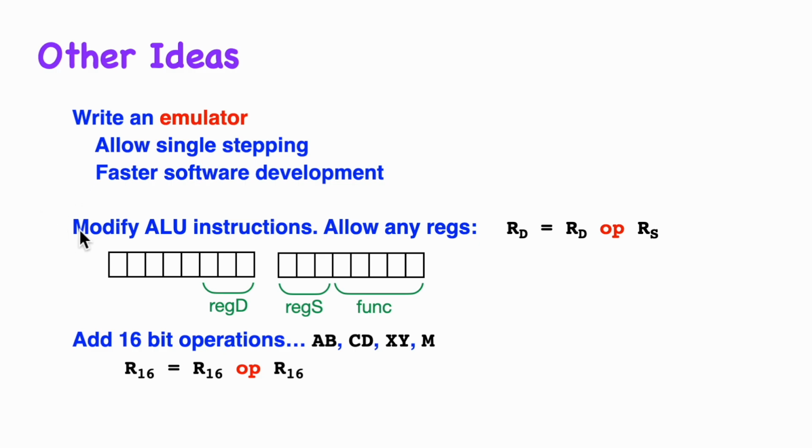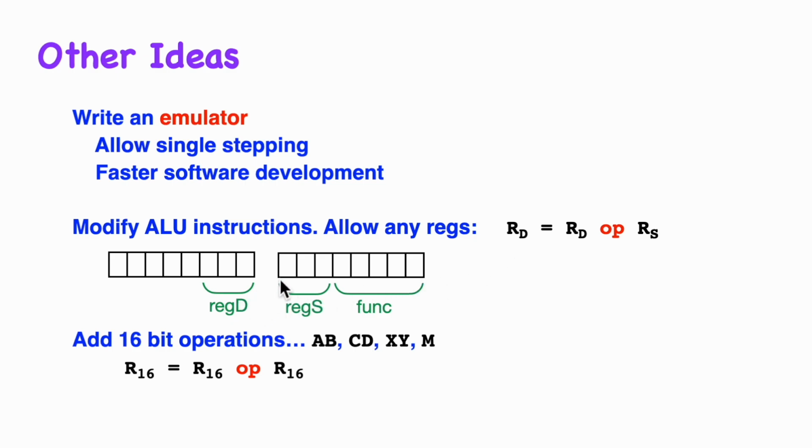Another idea is to modify the ALU instructions. Currently, they are 1 byte in length, so this modification would extend the instruction to 2 bytes in length. And the idea is that rather than using the A and B registers and only the A and B registers, as it is now, you would allow any arbitrary registers to be used in this format.